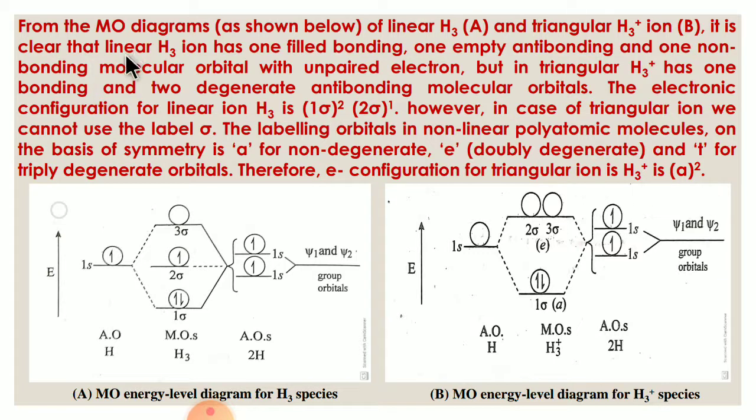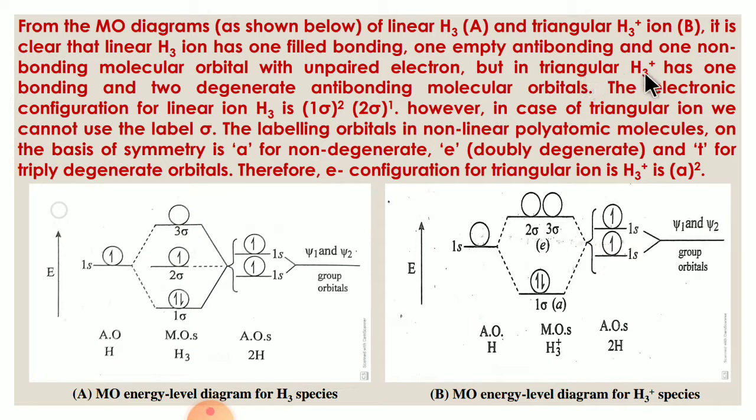It is clear that the linear H3 ion has one filled bonding, one empty anti-bonding, and one non-bonding molecular orbital with one unpaired electron.